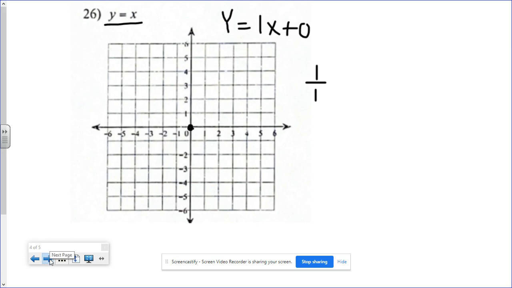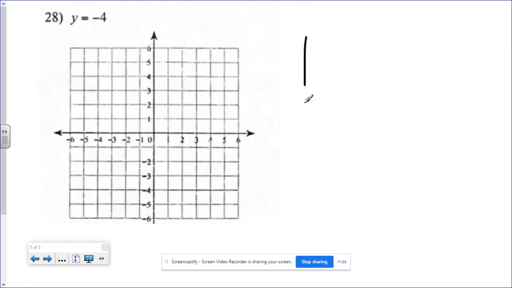The last one I think you might need some help on is this one. When you're graphing a horizontal or a vertical line, you do a t-chart. And the way I know I need to do a t-chart is because there's only one letter in this. It says y equals negative 4. So the only number I'm allowed to put under y is negative 4. You have to have 2 of them, but you can put as many as you want. And then you get to choose whatever you want for x.